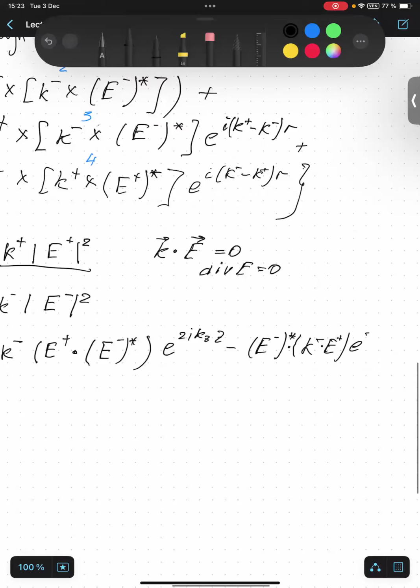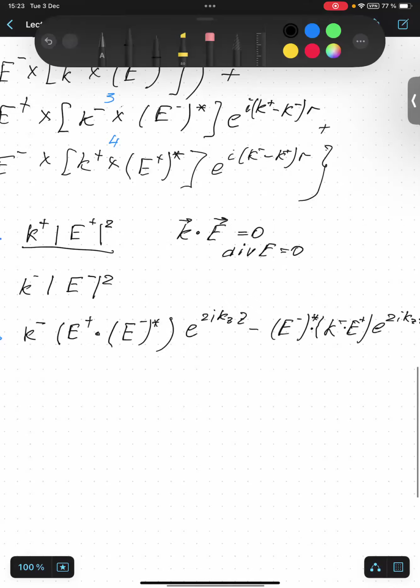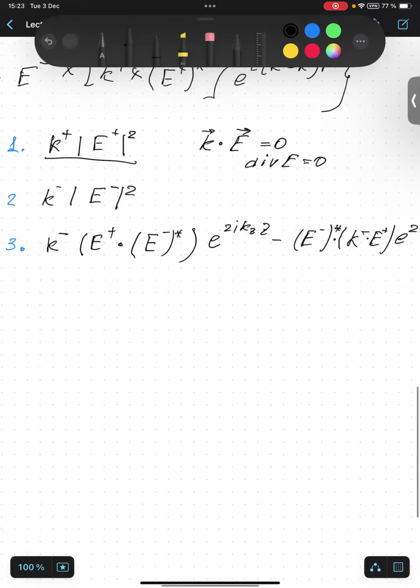It's also the same exponent to i kz z. And for fourth part, almost the same.